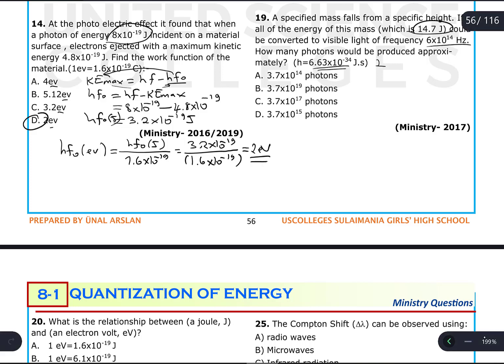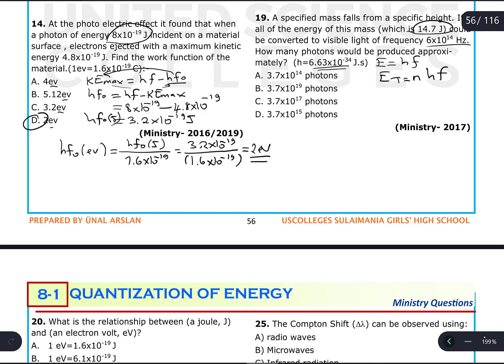Let's calculate the energy of a single photon, which is h times f. If a single photon has one hf energy, if there are 2 photons, total energy is going to be 2 hf. If there are 3 photons, total energy is going to be 3 hf. If there are n photons, total energy is going to be n times hf.